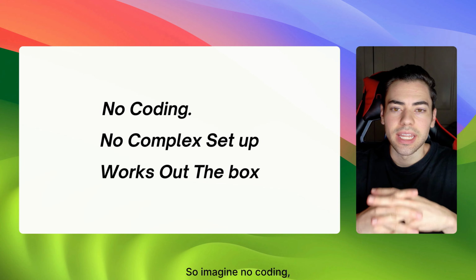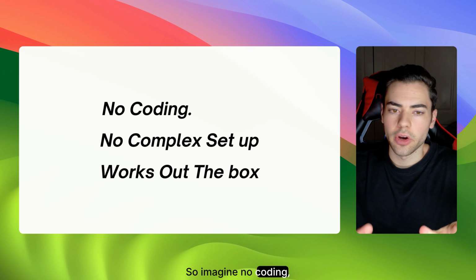So imagine no coding, no complex setup, and something that works out of the box, a finished solution. Because most of the business owners that I speak with don't simply want a tool, they want something that's integrated into their system, okay? And that's why I've been working with most of these people to be able to create a solution that's going to integrate and work seamlessly with what they already have.